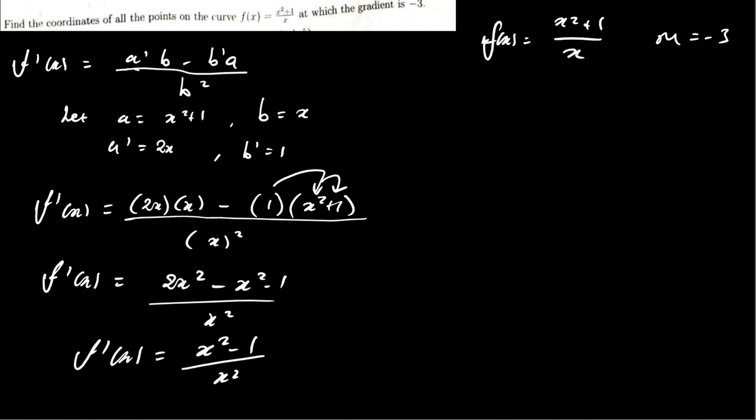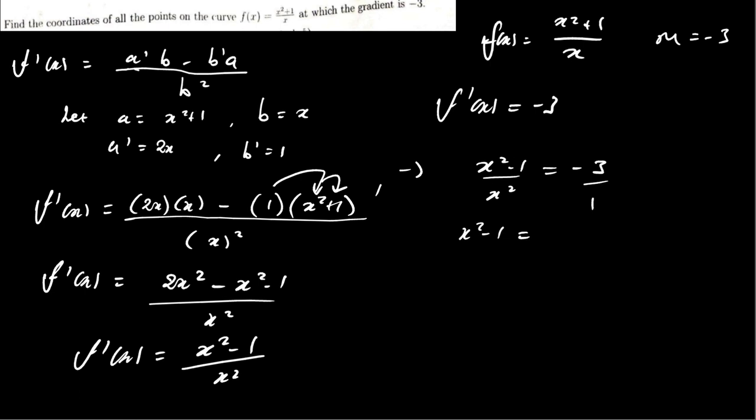Now we know that where the gradient, which is f prime of x, is minus 3, this implies that x squared minus 1 over x squared is equal to minus 3. If you cross multiply, you have x squared minus 1 equal to minus 3x squared.